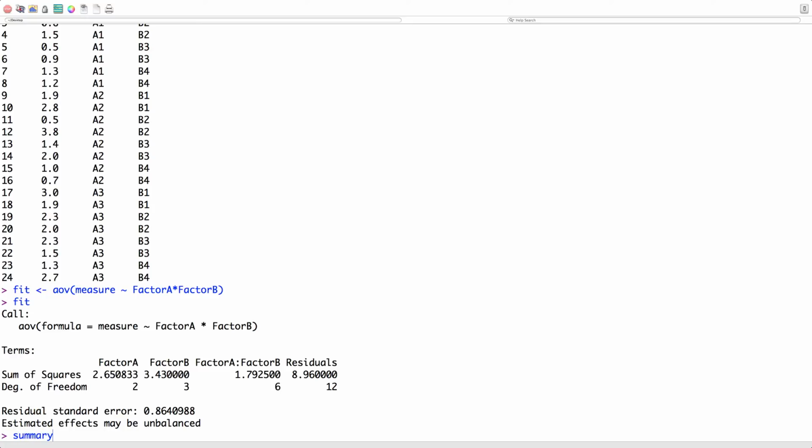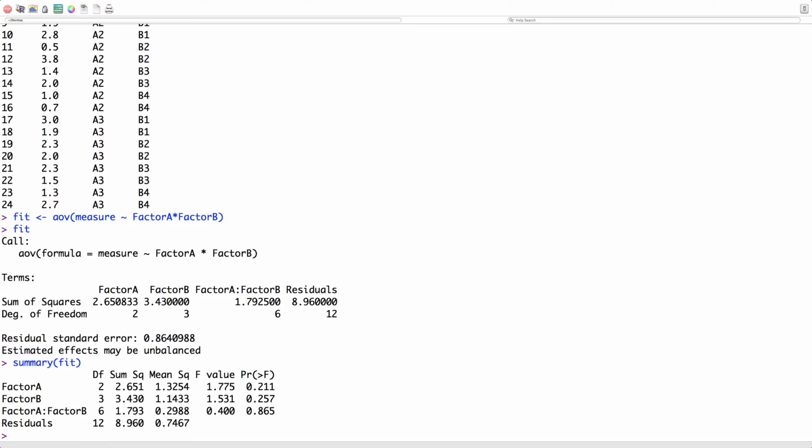So I can type fit, and I really don't get anything that turns me on there. But if I do summary fit, we get more of a standard ANOVA table. Now the very first thing I'm going to look at here is the interaction, and I'm going to see if we have statistical significance, and we don't.